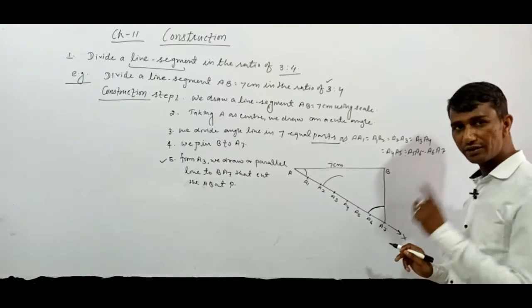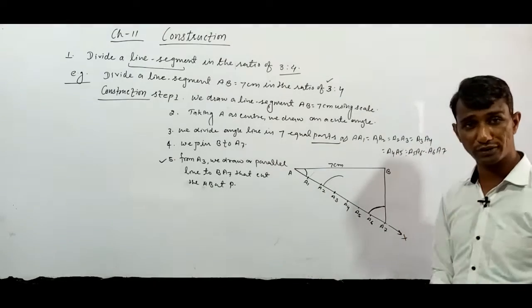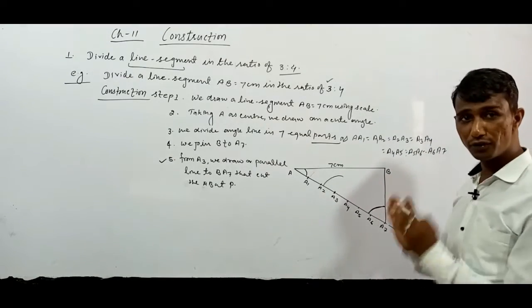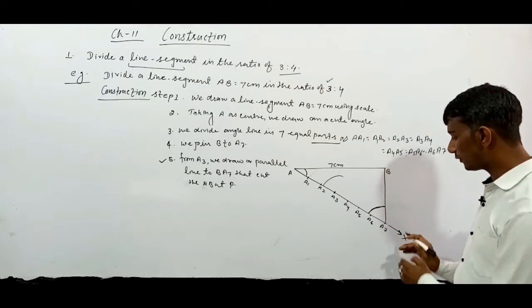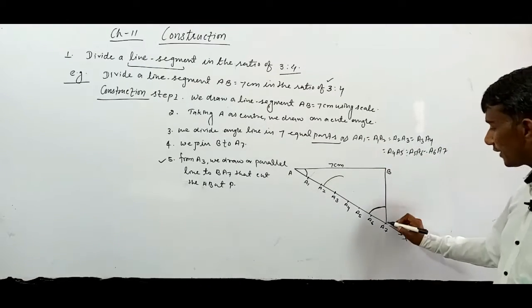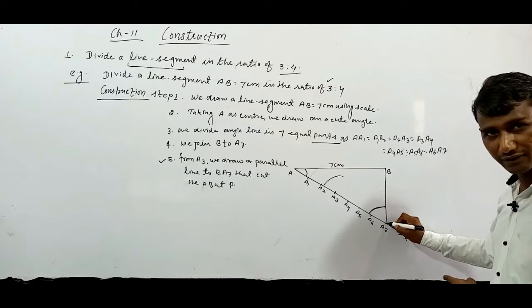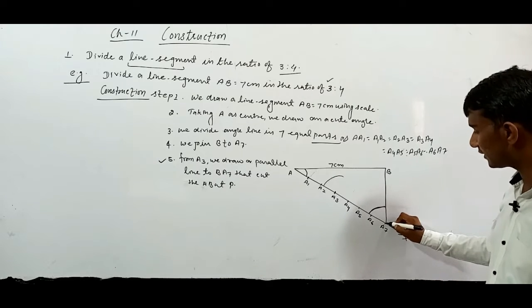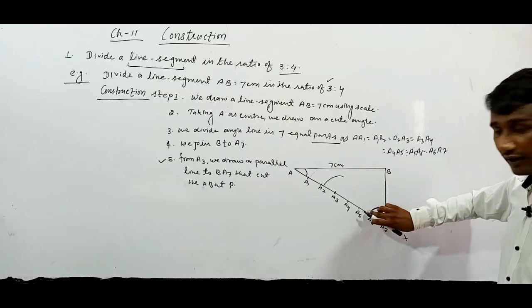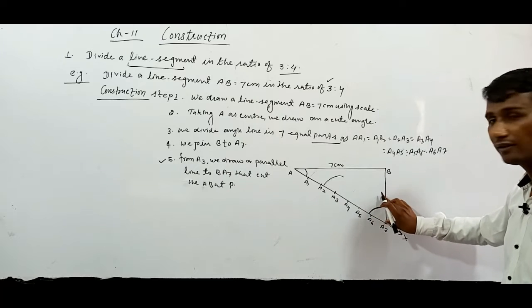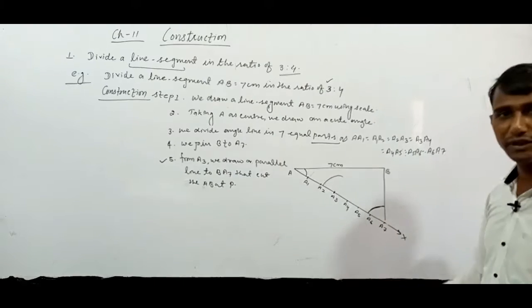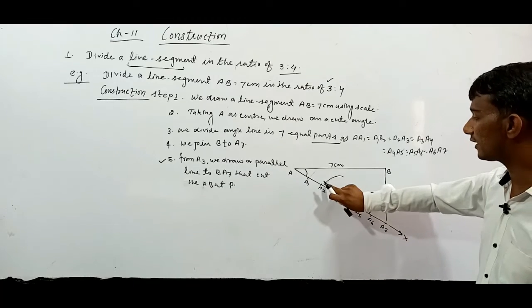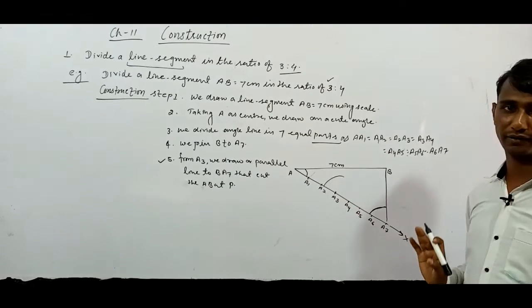This is a very important step, how to draw the parallel line. For parallel lines we make the corresponding angles. So for corresponding angles, using the compass, take A7 as the center and any radius, draw an arc, and with the same radius taking A3 as center we draw an arc.